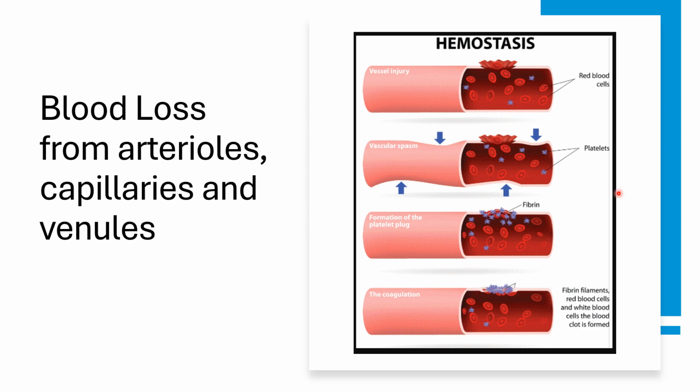So red blood cells are pushed past with that spasm. Platelets are brought along with it, but those platelets are dropped off and drawn in chemically to that hole to make the plug. And then your fibrin filaments come in and make the net, and that's where the coagulation occurs, and it will close around that capillary.